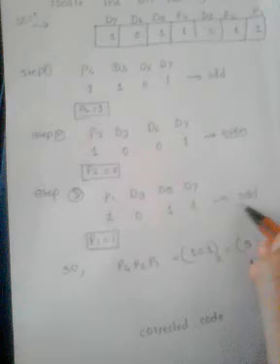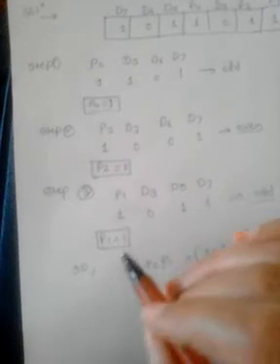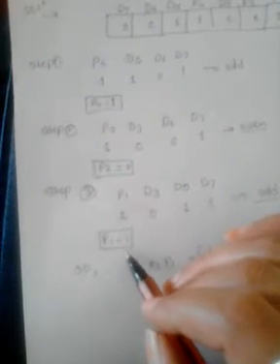So here we calculate the number of ones: 1, 2, 3. There are 3 ones here, so we get odd parity. So P1 is written as 1 for the odd parity.